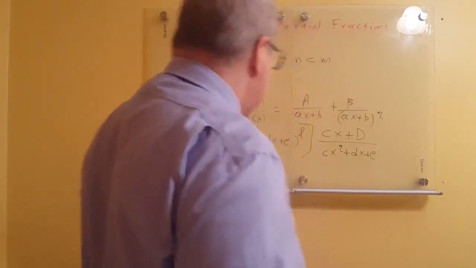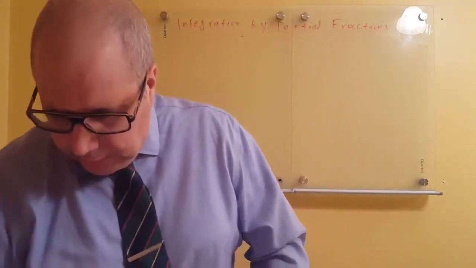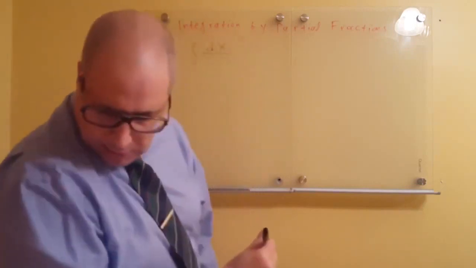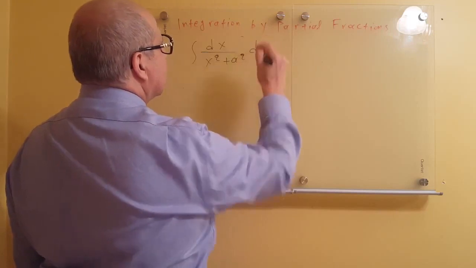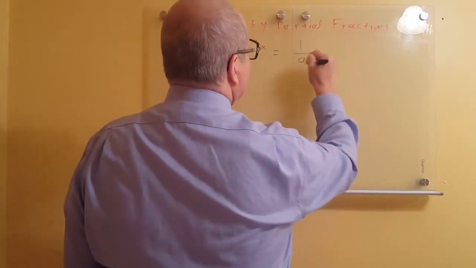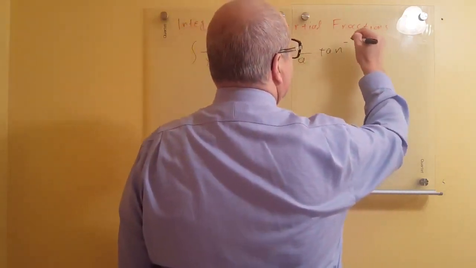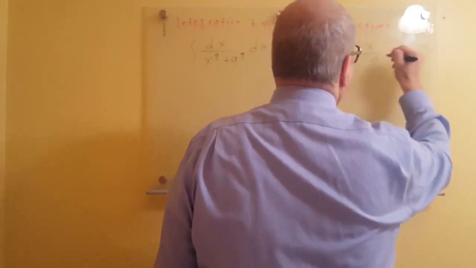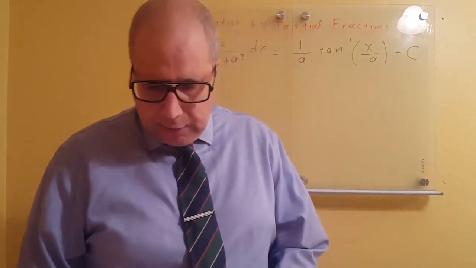The only formula that you will need is the integral of dx over x squared plus a squared, which is equal to 1 over a times the inverse tan of x over a, plus c, of course, since we are talking about an indefinite integral.